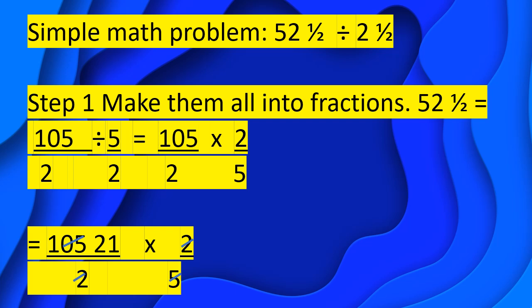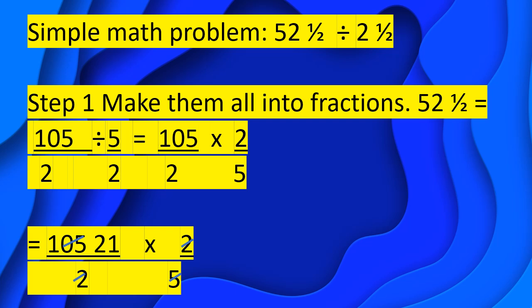So step one, we make them all into fractions. So 52.5 into a fraction, you have to take the 52 and make it into the number of halves, which is 104 halves, plus the half, so it becomes 105 over 2, divided by 2.5, which becomes 5 over 2.